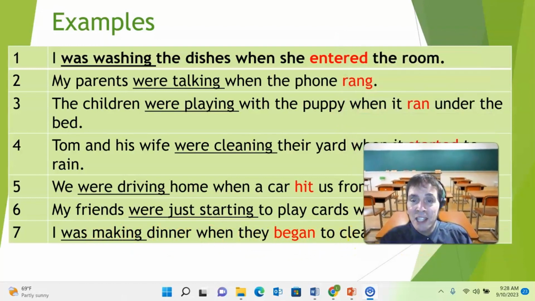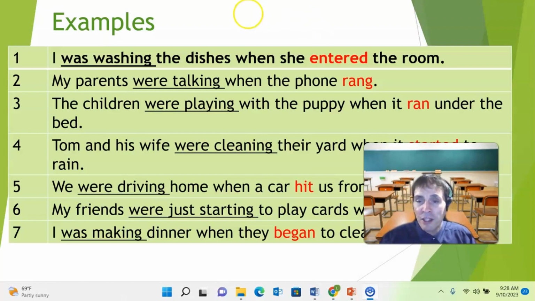So in other words, in each of these examples, we are talking about an ongoing past action, and then another action happened in that moment when I was in the process of doing that action. So the subject was doing some action, and then another action started.